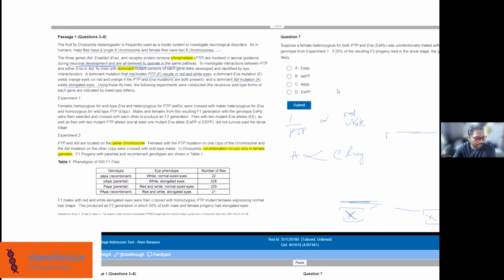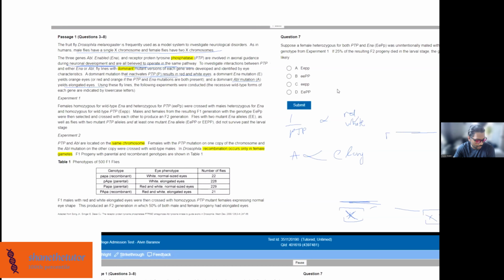So it says for experiment 1 that females homozygous for wild type ENA and heterozygous for PTP with the genotype little e, big P, little p, were crossed with males heterozygous for ENA and homozygous for wild type PTP.